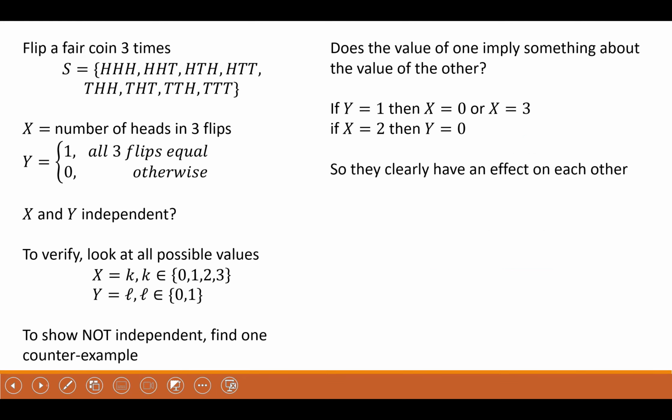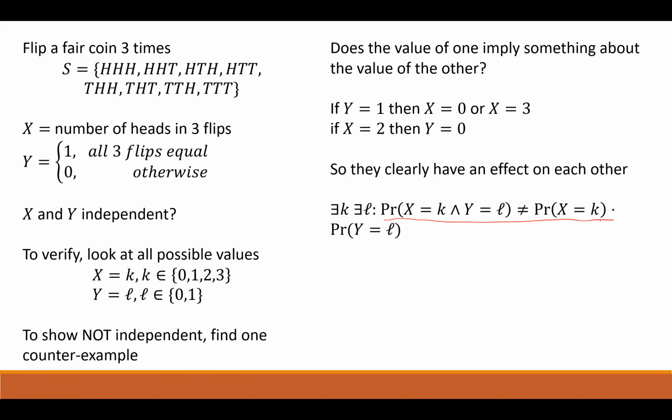So what I want to do then is find a counterexample to this formula. Right? So I want to find values for K and L such that the probability that X equals K and Y equals L is not equal to the probability X equals K times the probability Y equals L. The easiest way to do this, since these are non-empty sets, I know these 2 probabilities are not 0.